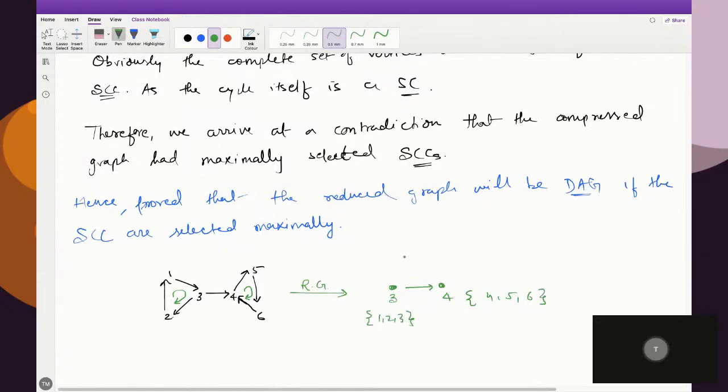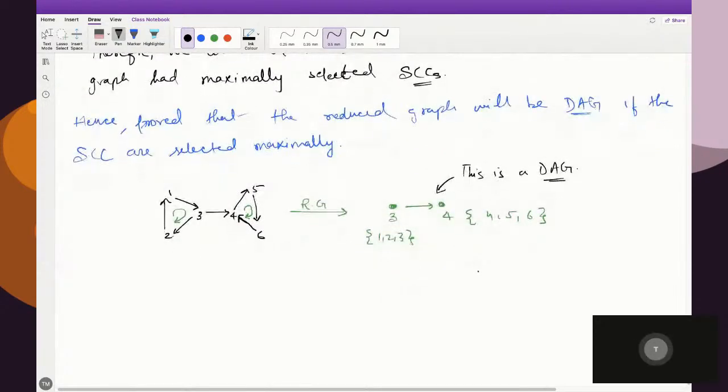And clearly this graph is a DAG, right? Acha, SCC and compressed graph.